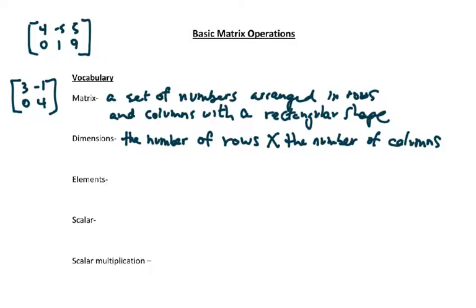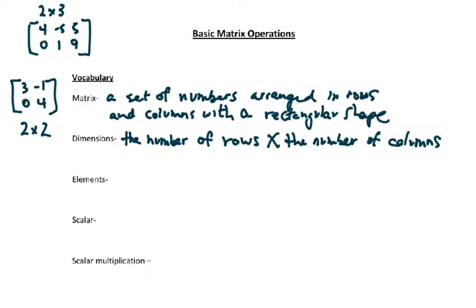So this one, like I said, was a 2 by 2. This one was a 2 by 3. It's all about rows first, columns second. When we're multiplying matrices especially, it's going to be super important.